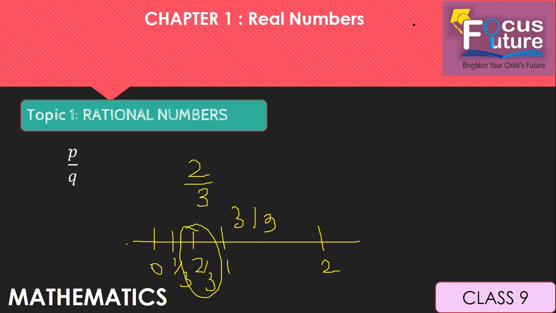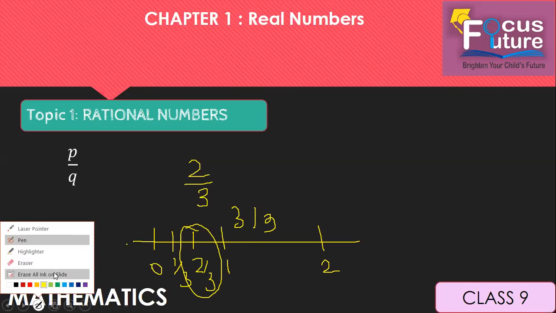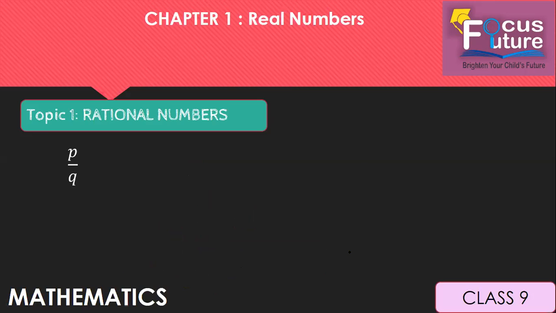Okay, now I need to represent a rational number between 1 and 2. In fact, I need to represent 5 rational numbers between 1 and 2.